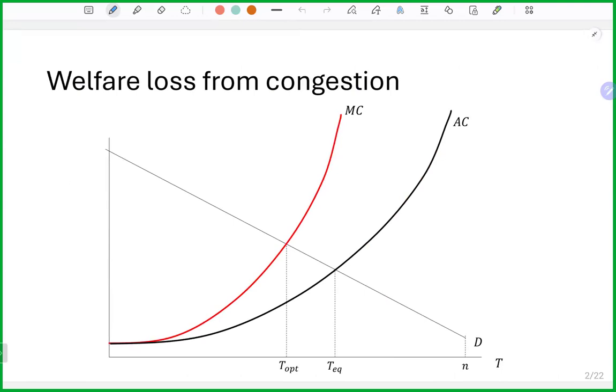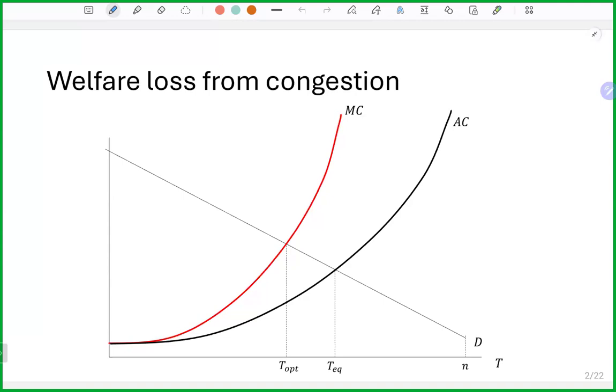So, equilibrium. We determine the intersection of the demand curve and then we learn in the lesson that it is not optimal. This is optimal.